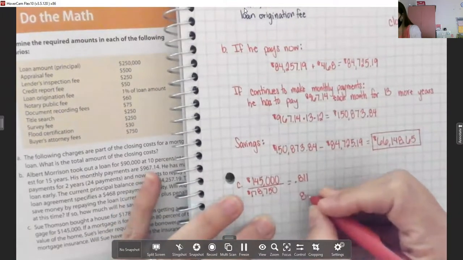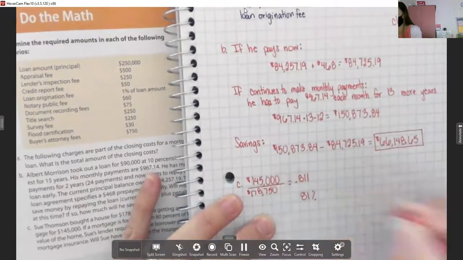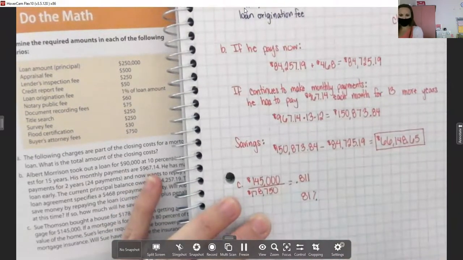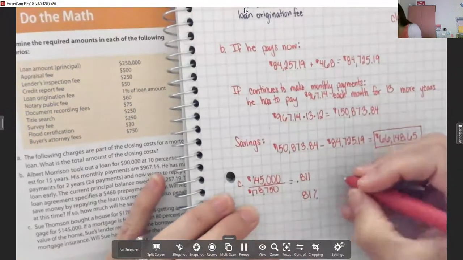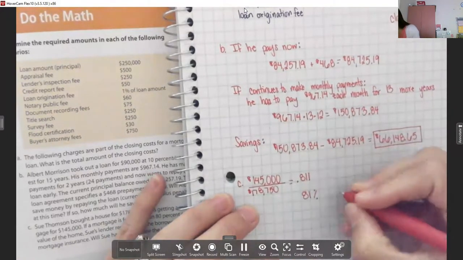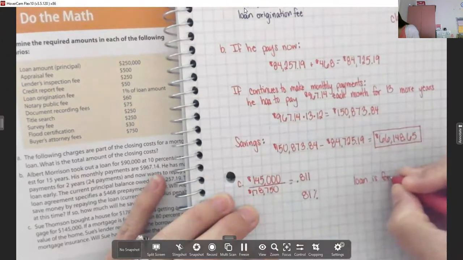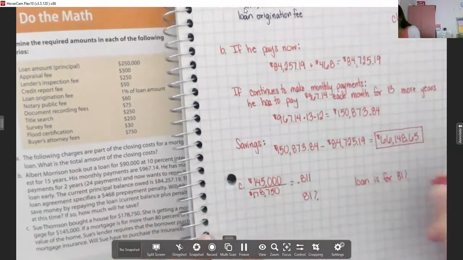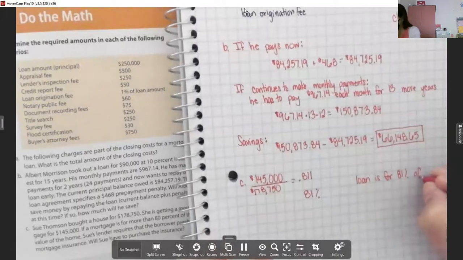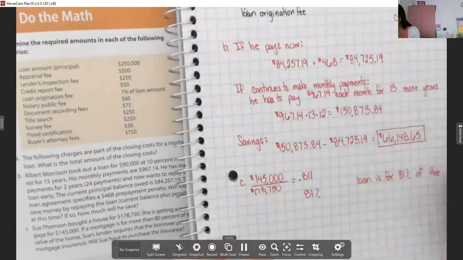So that's 81% approximately. So her loan is for 81% of the value of the home.